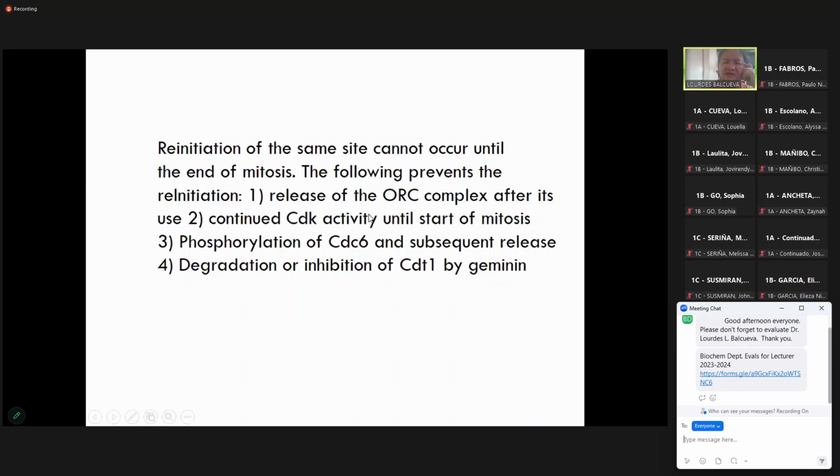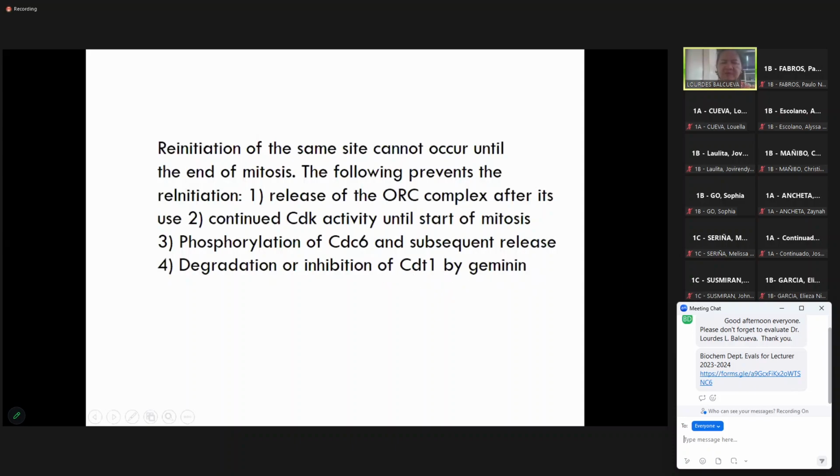Number one is the release of the ORC complex after its use, and continued CDK activity until the start of mitosis, or phosphorylation of CDC6 and subsequent release, or degradation, or inhibition of CDT1 by geminin.